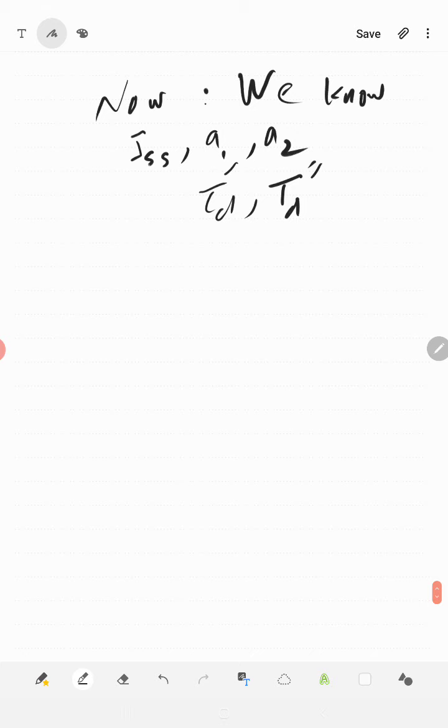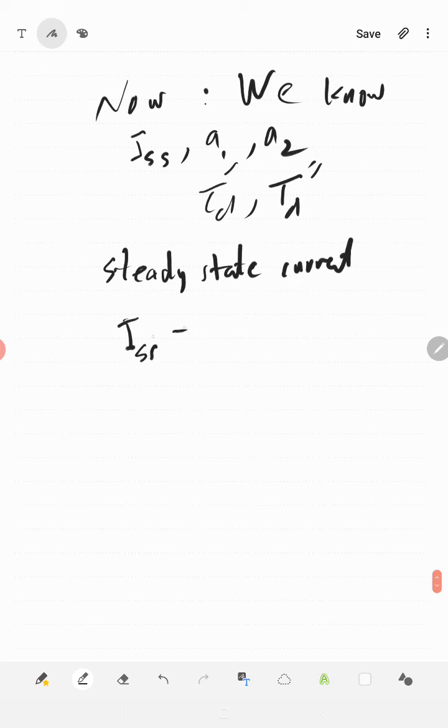Now, the steady state current: ID is equal to I steady state.